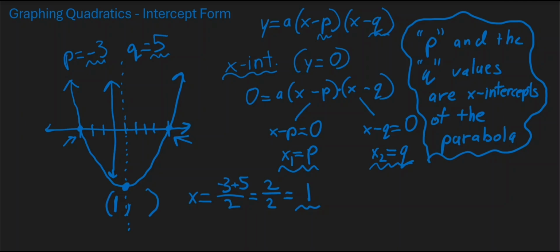All right, so now that we know what the p and the q stand for and how to get the vertex given the intercept form, let's apply this into some practice. We're given for number 1, to graph the quadratic function y is equivalent to 1/2 times (x minus 1) times (x plus 7).